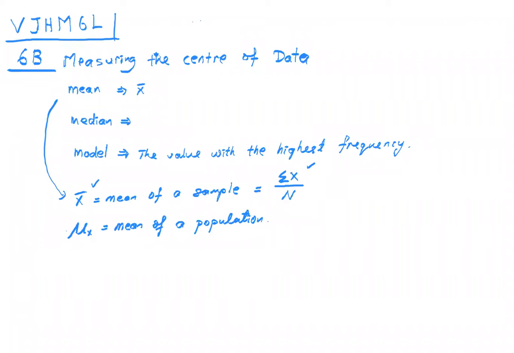So mean in maths, in statistics, listen, please memorize this clearly. It's an expected value of the variable. So that is the meaning of the mean. You use that formula to count.